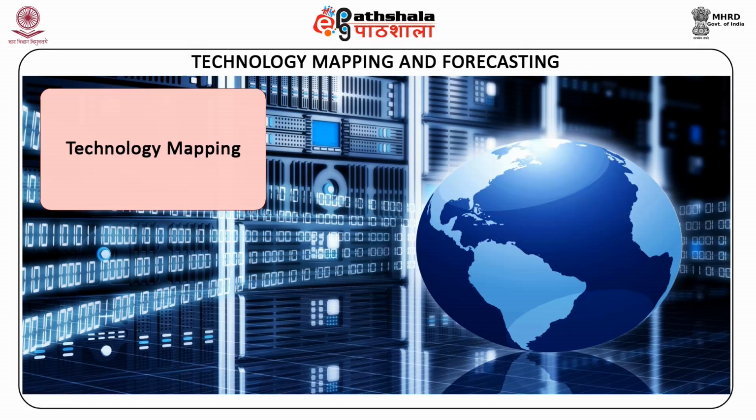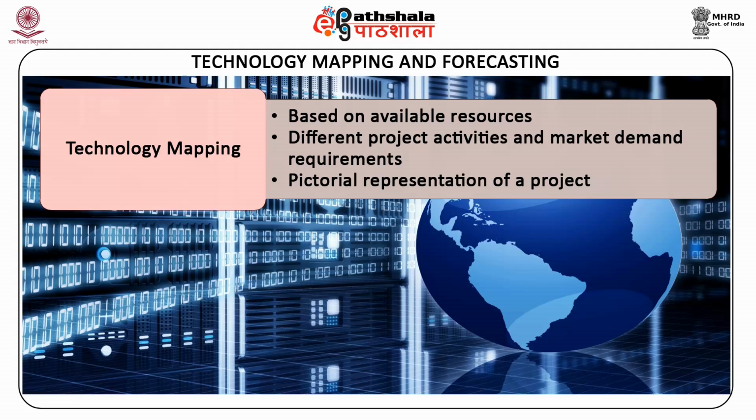To map technology along with all its related components in a project based on available resources, different project activities and market demand requirements. In general terms, it's the detailed diagrammatic and pictorial representation of a project and its different processes.